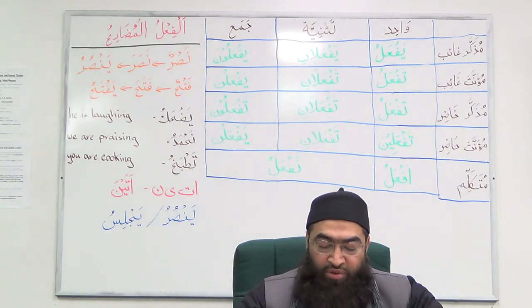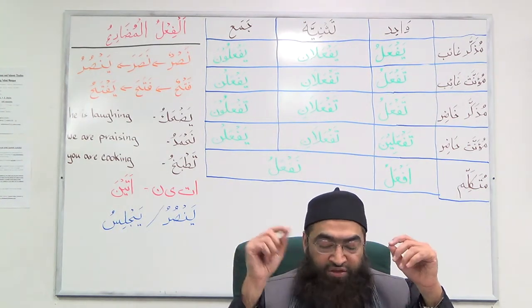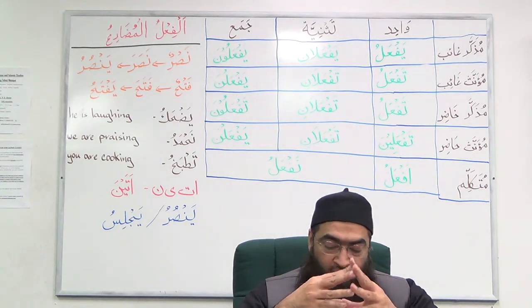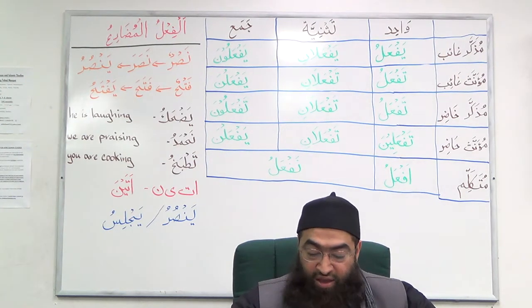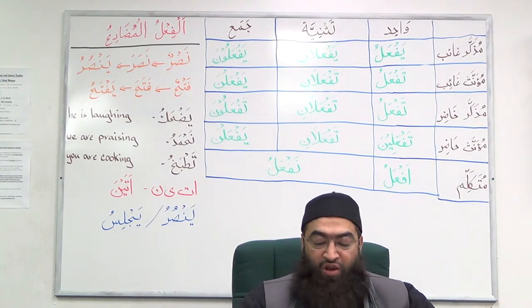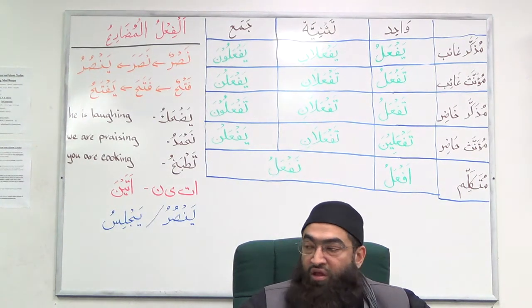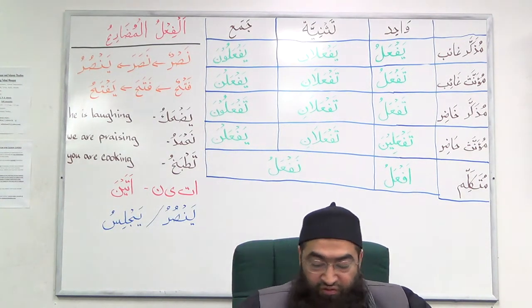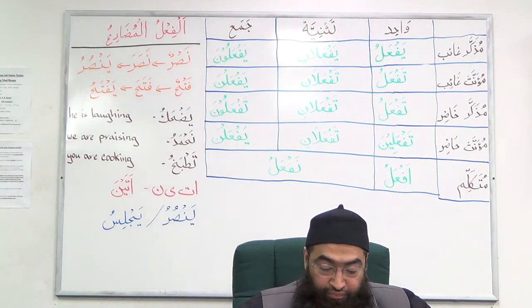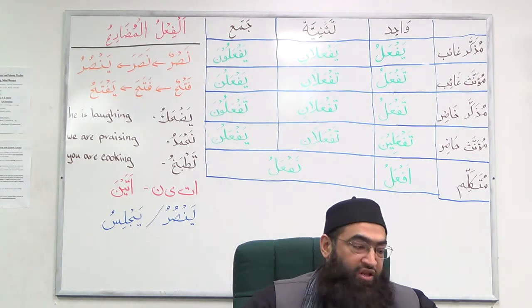How? Drop the tanween from the masdar, from the end of the masdar. Then put a fatha on the three letters, the fa, the ain, and the lam. And this is usually the case.